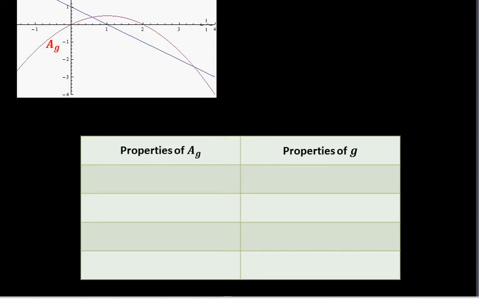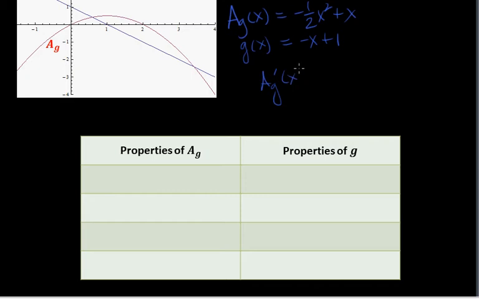Now let me write these functions here again. A sub g of x was equal to minus 1/2 x squared plus x, and g of x, the one we started with, was minus x plus 1. So you can see here that a sub g prime of x is equal to g of x.